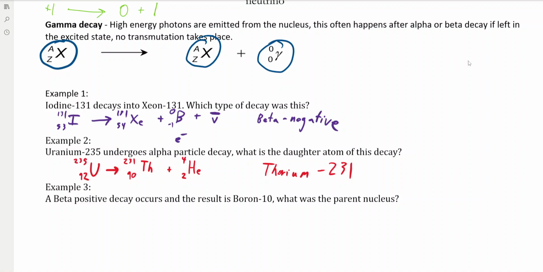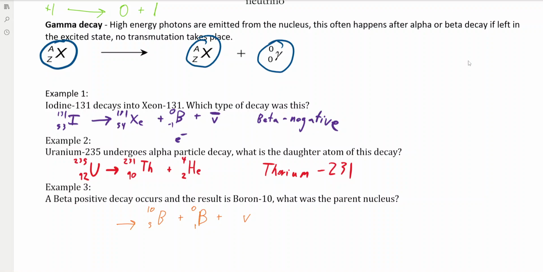All right, and for our last example, a beta positive decay occurs, and the result is boron-10. What was the parent nucleus? So now we're going to go like this and say that there's a beta positive, which means that there's a regular neutrino shooting off, and the result is boron-10. Boron has a 5 here.